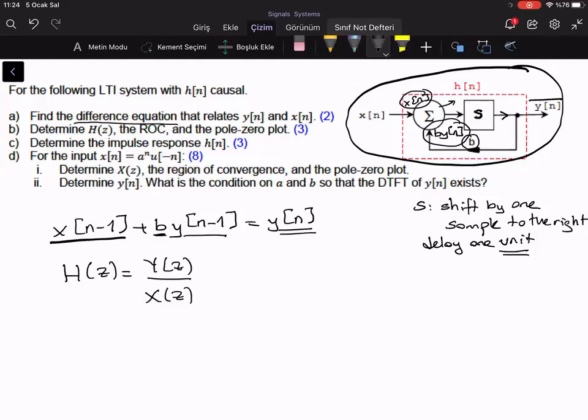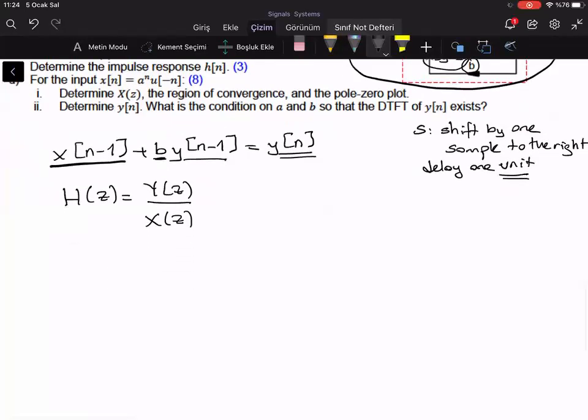How do you find y of z divided by x of z? Look, if you see this, what is the z transform of x of n minus 1? X of z times z to the power minus 1.